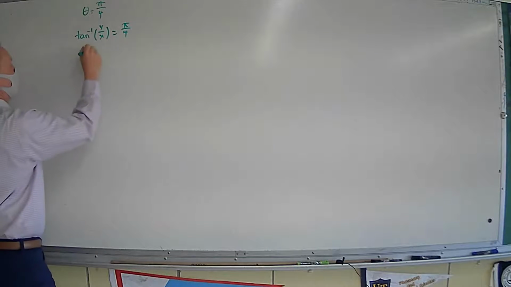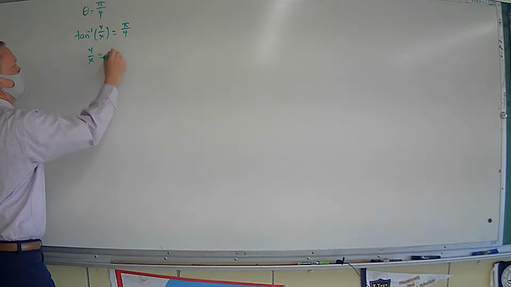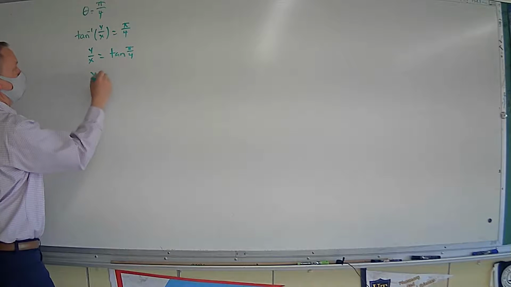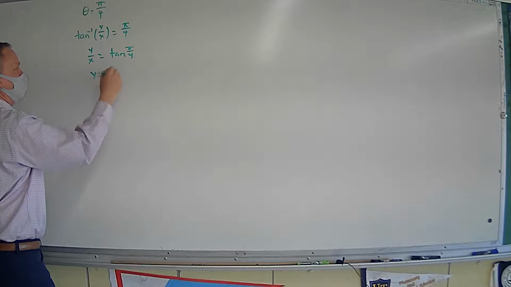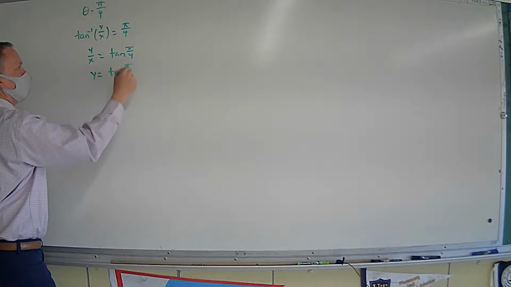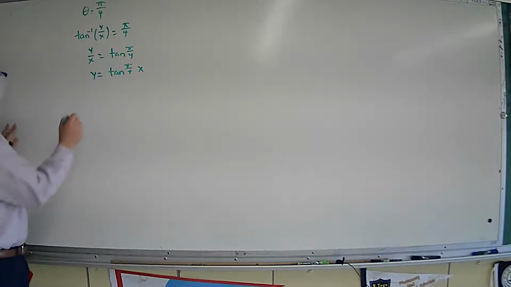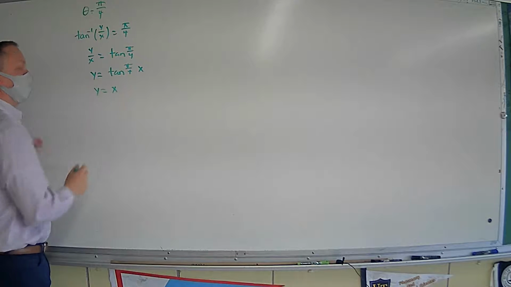So then y over x equals the tangent of pi over 4, so y equals tangent of pi over 4 times x. And what's the tangent of pi over 4? 1.